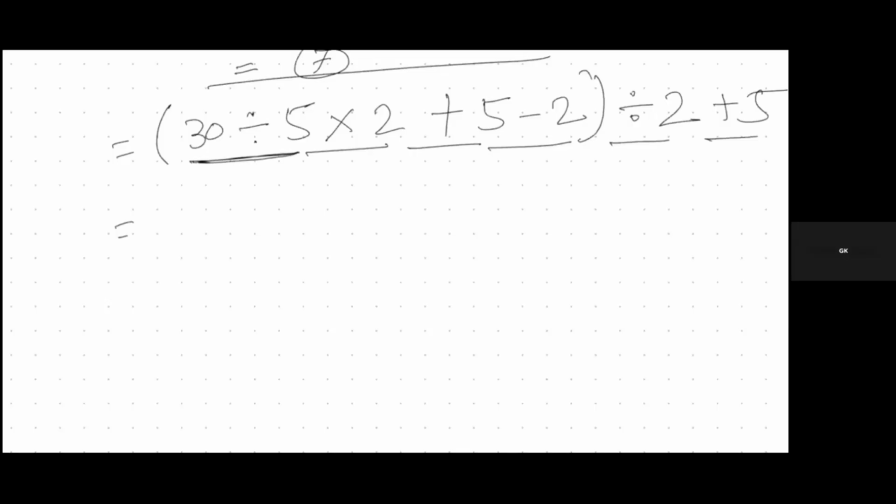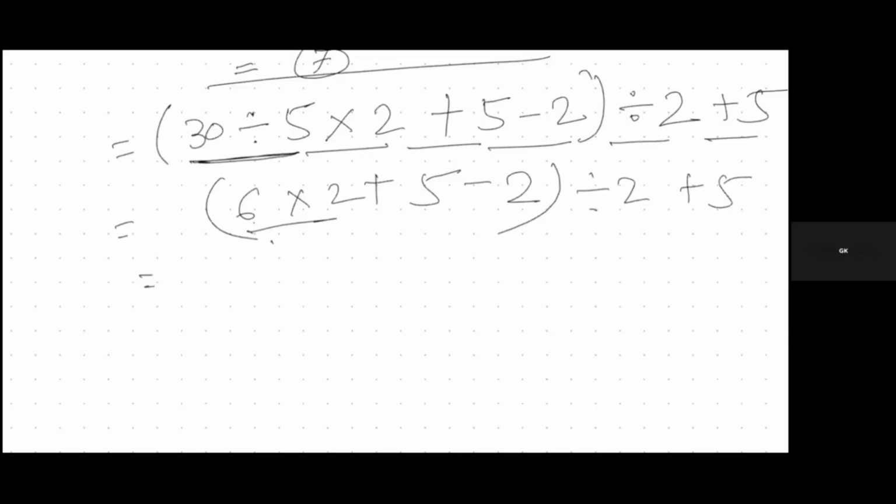That is 30 divided by 5, that is 6, into 2 plus 5 minus 2 divided by 2 plus 5. Now we solve the multiplication part: 12 plus 5 minus 2 divided by 2 plus 5.